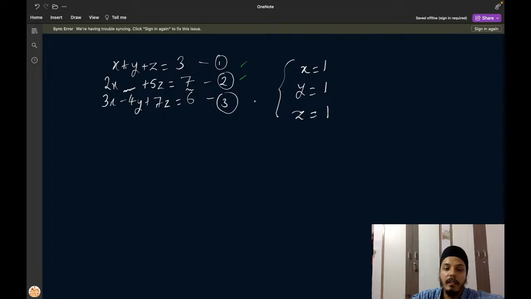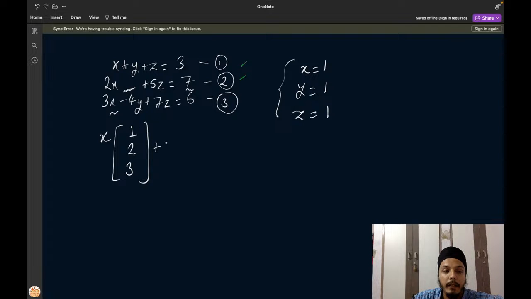Now we will see our column picture. In the column picture, we take our variables outside and write the coefficients in the form of vectors. So it will be x times the vector 1, 2, 3. These are the coefficients of x.